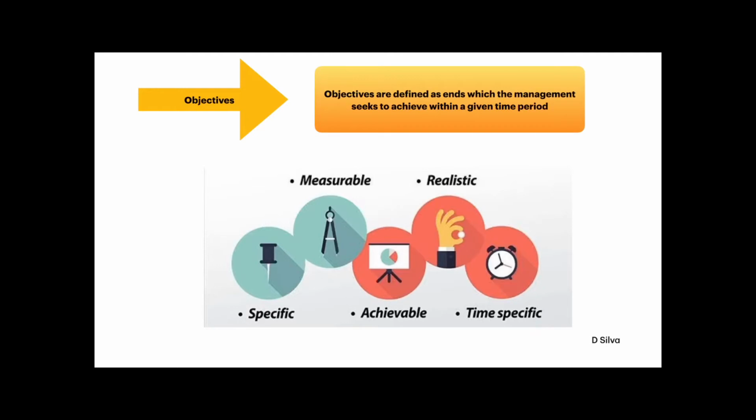Objectives need to be expressed in specific terms, that is, they should be measurable in quantitative terms and in the form of written statements of specific desired results to be achieved within time. Remember students, objectives are set by top level management and focus on broad, general issues, define the future state of affairs and serve as a guide to the organization.